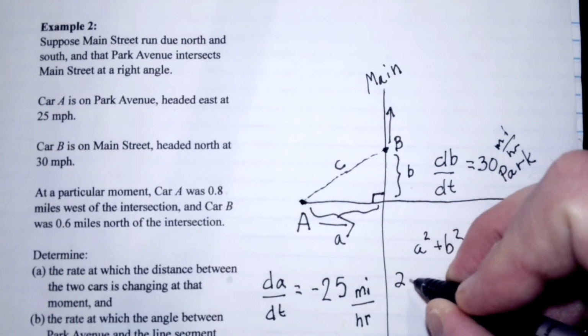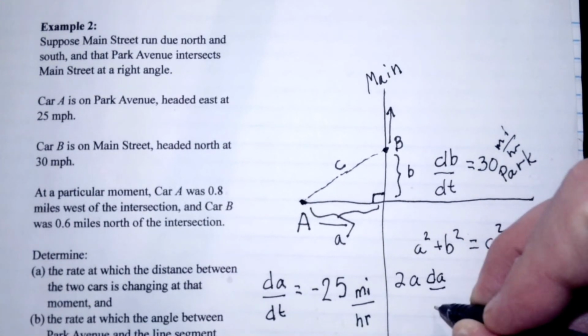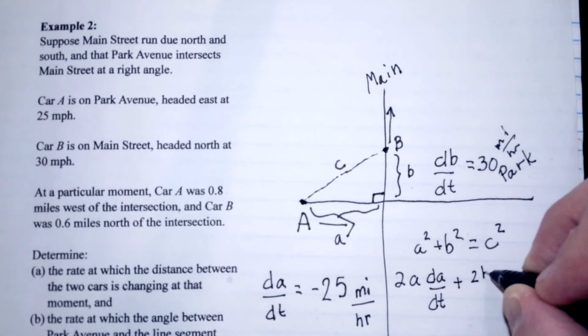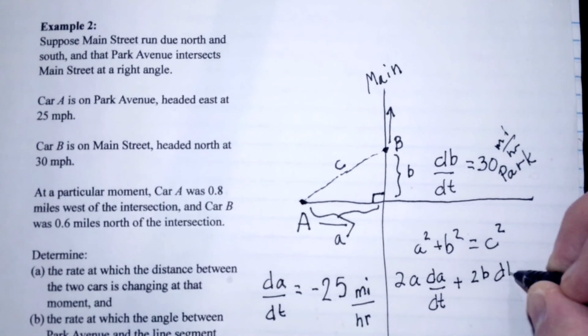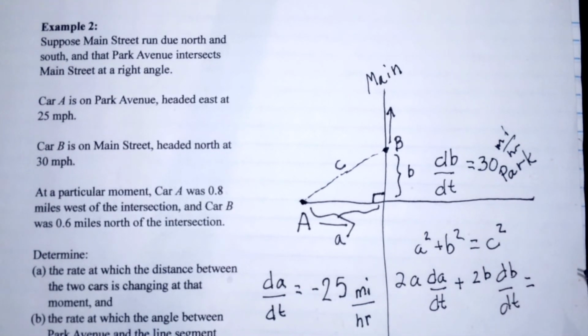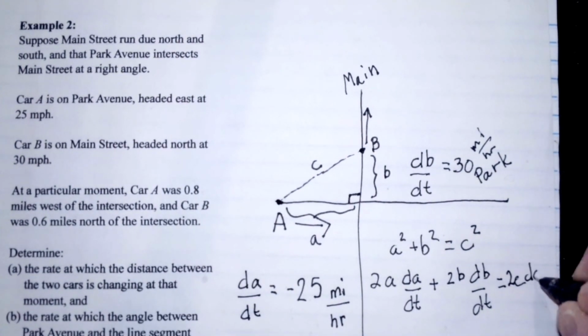Alright, so let's differentiate both sides of this equation with respect to t. So we'll get 2a dA/dt plus 2b dB/dt equals 2c dC/dt.